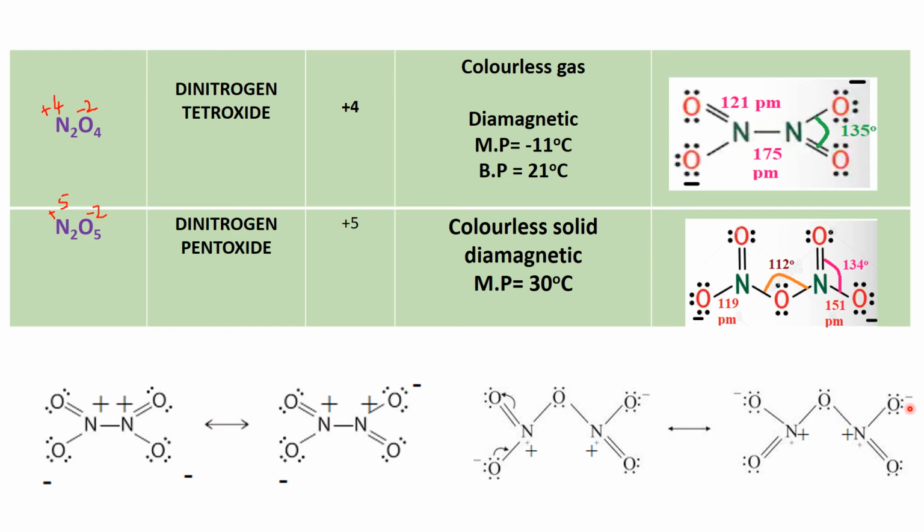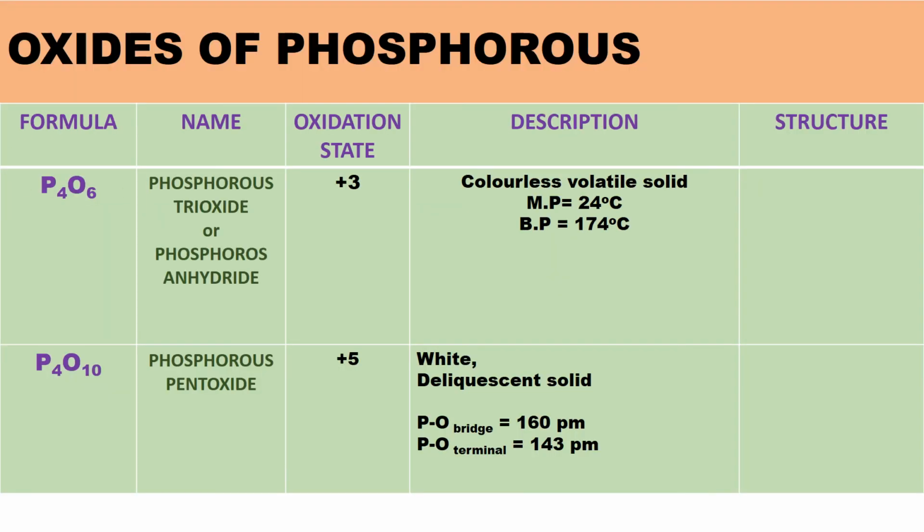These are the important oxides of nitrogen. Their oxidation numbers range from +1 to +5. The most acidic one is N2O5. Phosphorus forms several oxides. Of these, the most established are phosphorus trioxide, that is P4O6, and phosphorus pentoxide or phosphoric anhydride.